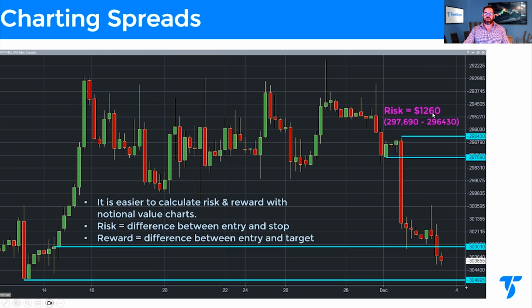That's a difference of 1,260 points or $1,260 because I did this notional value. If I'm selling at 297,690, buying it at 303,010, that difference is 5,320 points or $5,320. Again, notional value is what I'm charting. Much easier that way.